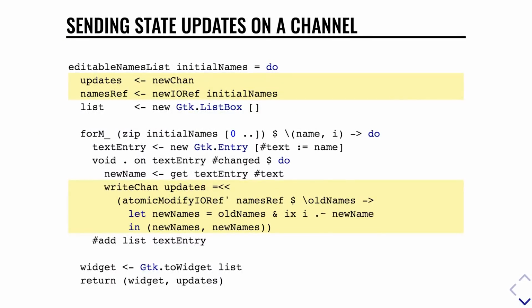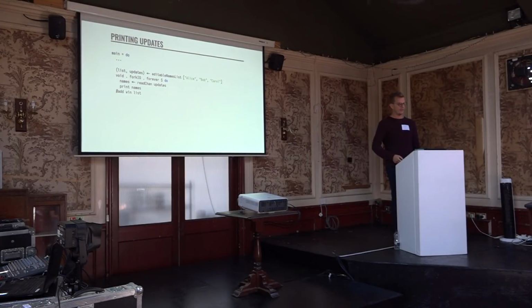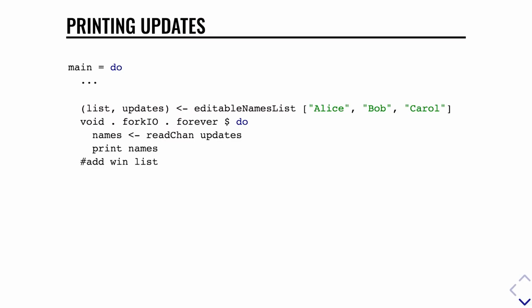We create a new channel inside here. We create an internal IORef instead, which we won't expose. And then, in addition to atomically modifying that IORef, we will write the value back on the updates channel, and we will return the widget and the updates channel. Still very messy, but at least we can, on the outside, fork a thread and listen to these, pull these messages from the channel and print the names if they've changed.